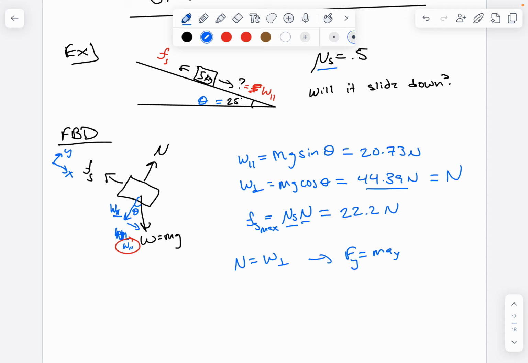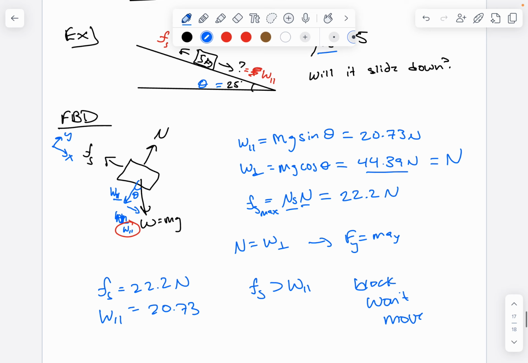So here we see that our static friction is equal to 22.2 newtons, and our weight parallel, which is the force that will be pushing the block down the ramp, is 20.73. So f_s is greater than the force that will make the object move, or the force that is causing a tendency to move. So this tells us that the block won't move.